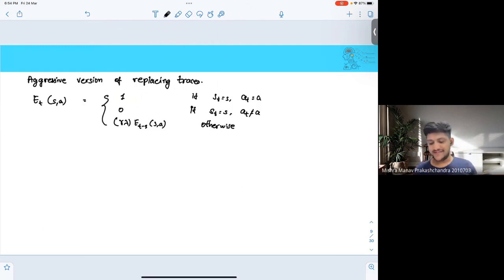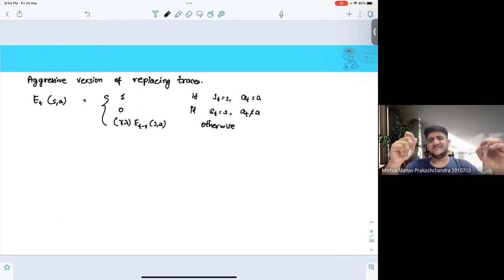Okay, so what it tells me is that the moment I encounter a particular state action pair, I set the eligibility to be 1. For all other actions which are not equal to A, the eligibilities are set to 0. There is no decay.